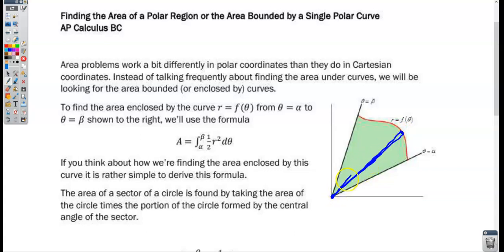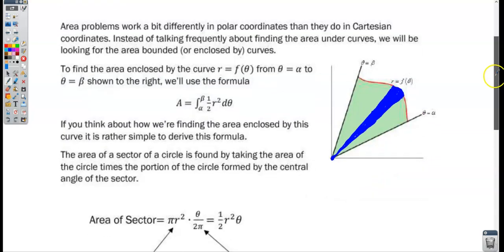I guess I should make it a little wider so we can see what's going on. Something that looks like this. And we're going to slice this region up into all kinds of circular sectors like this one.